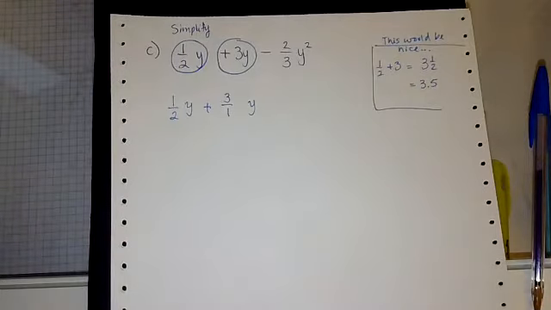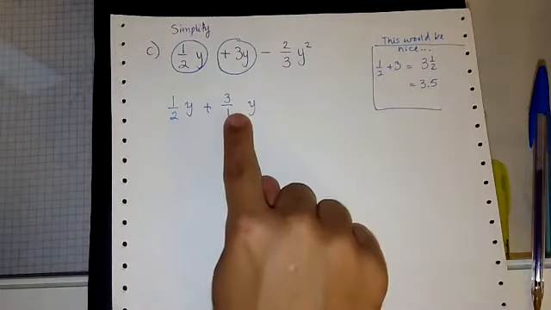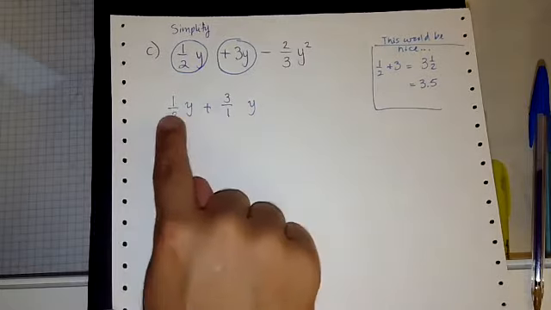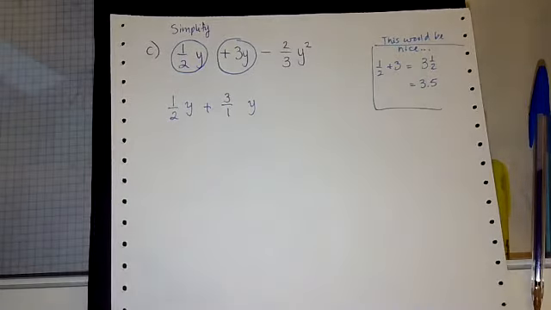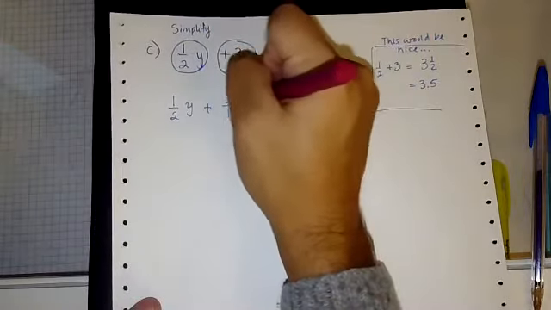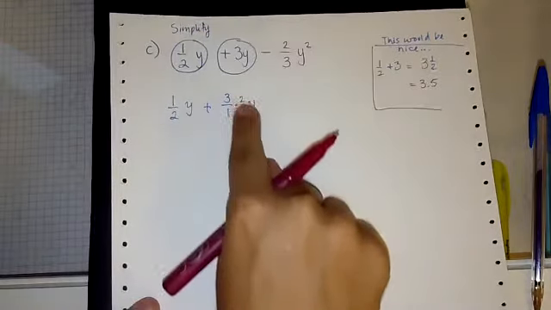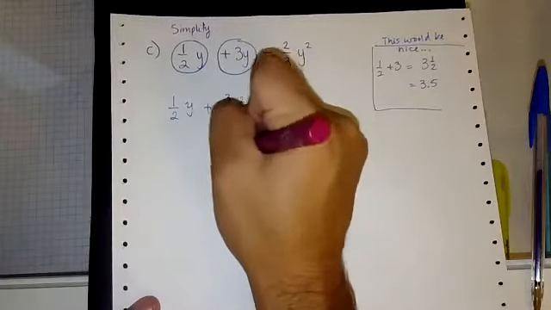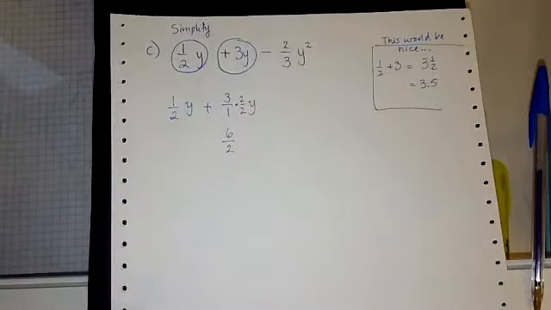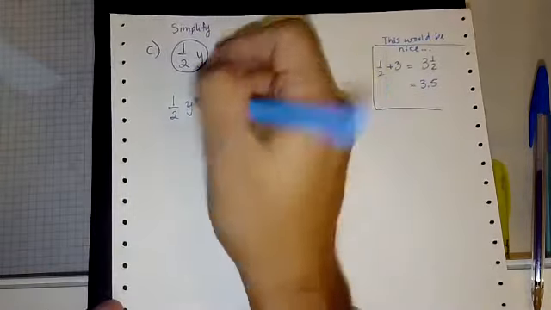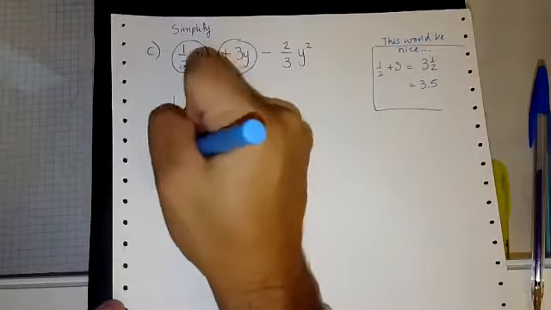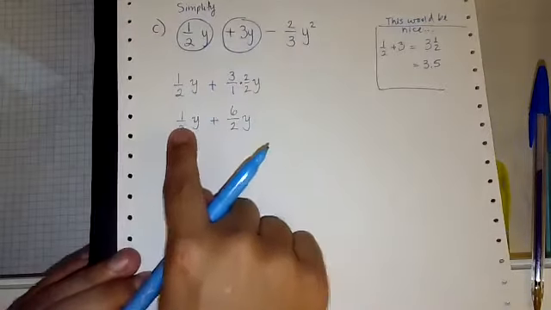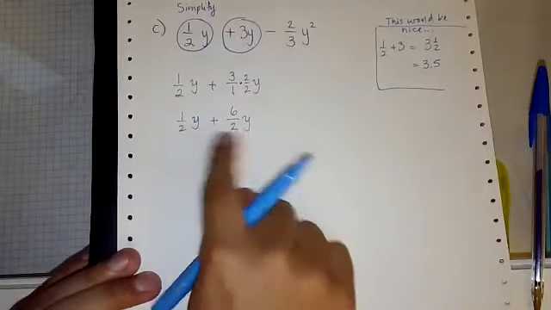And you might notice that I left a little bit of space here because in order to add these two terms together, I need to get a common denominator for that fraction. So I'll multiply 2 times 2, or 2/2, for this fraction so that I get 6/2. And now we have a common denominator. I know that I'm bringing down the y's here, but really we're just working with the coefficients, the numbers in front.